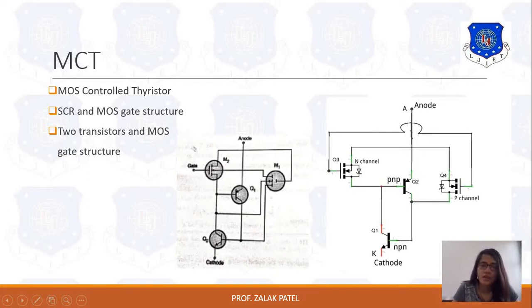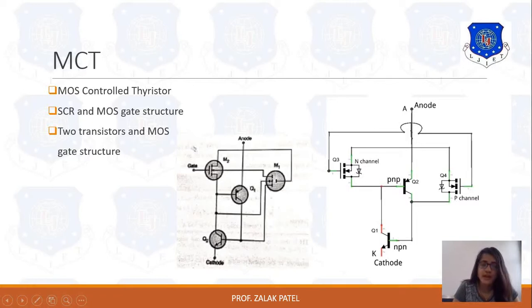So for turning on, first of all we apply a negative voltage to this device. Because of the negative voltage applied to the device, M1 will start conducting. M1 means P channel MOSFET will start conducting. Because M1 starts conducting, its base current is applied to the Q2 transistor.